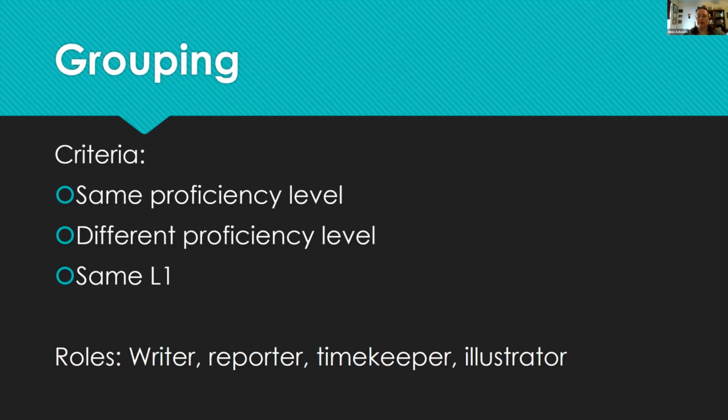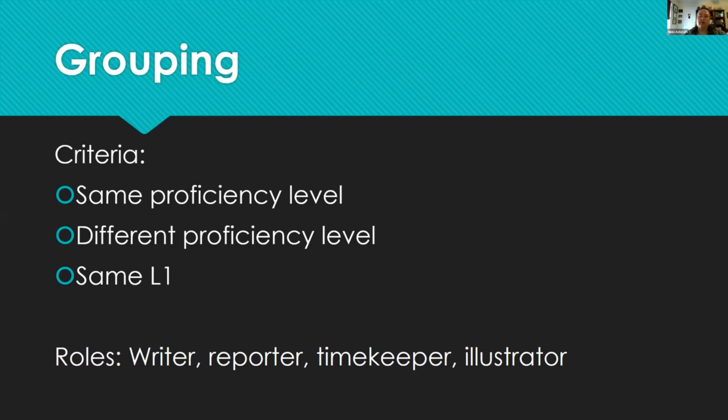Another person who has a higher level of oral skills, and who's more extroverted, can be the reporter, and they get up and stand in front of the class and explain what the group has done and what the group has written. The person who is more shy or the lower proficiency student could be the timekeeper, just to make sure that they're on task and that they're completing the task in the time allotted.